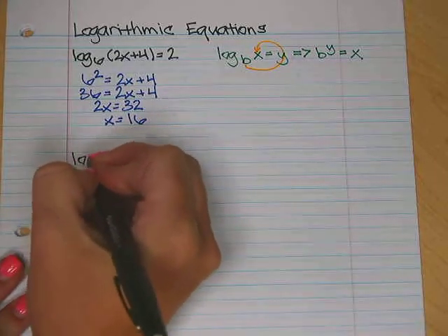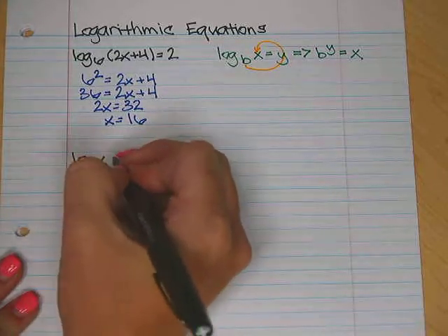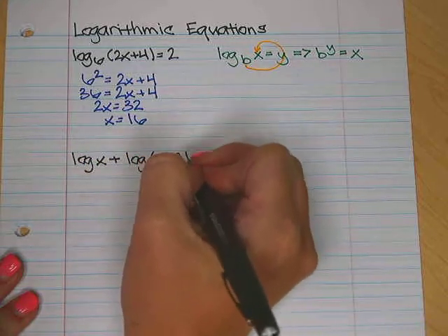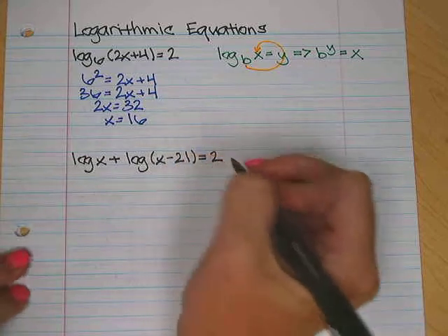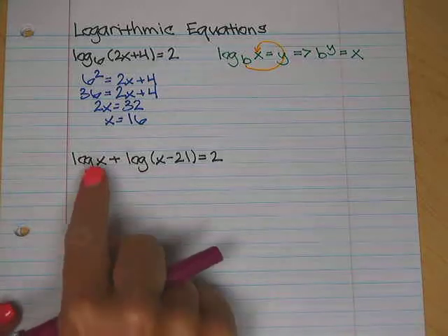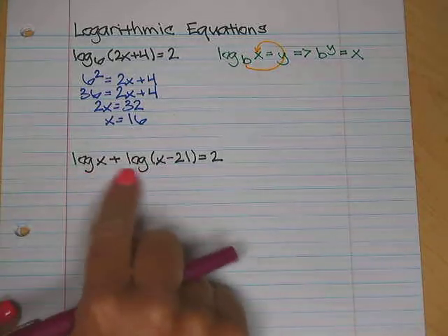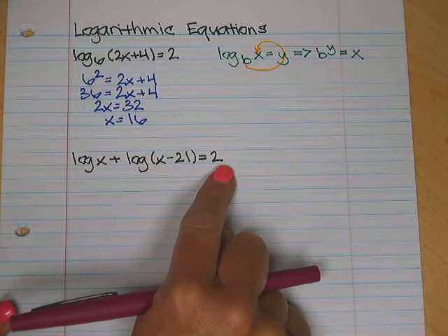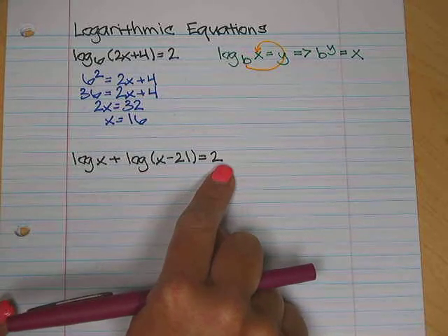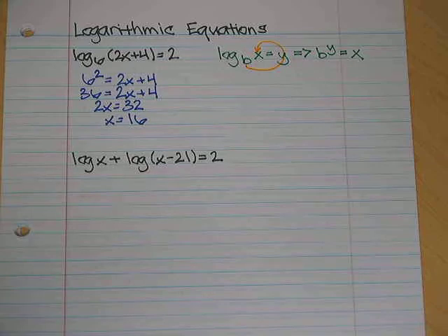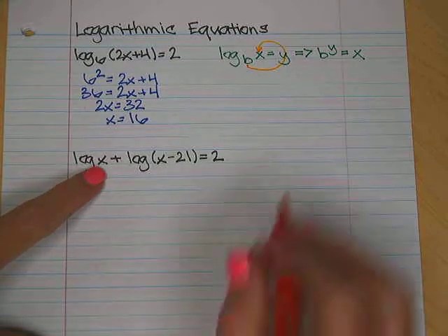So let's look at a different situation. The log of x plus the log of x minus 21 equals 2. So in this situation, we have a combination of logarithms on the left-hand side and a constant on the right. Before we deal with that, we want to look at the domain, because remember, we cannot take the log of a negative number.